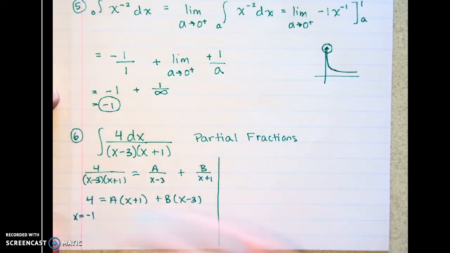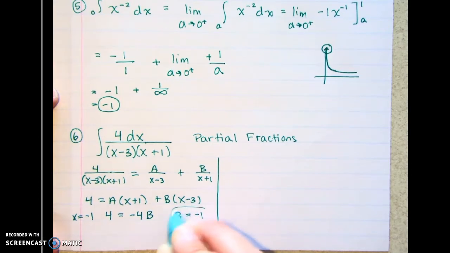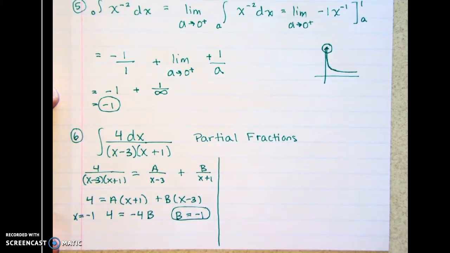So when we choose negative 1, we get 4 equals, well, what is negative 1 minus 3? Negative 4. So 4 equals negative 4 times b, so b equals negative 1. That's when we eliminated a. Okay, now what are we going to choose to eliminate b? We're going to choose 3. So 4 equals positive 4 times a, so a equals positive 1. So that you need to do quickly.